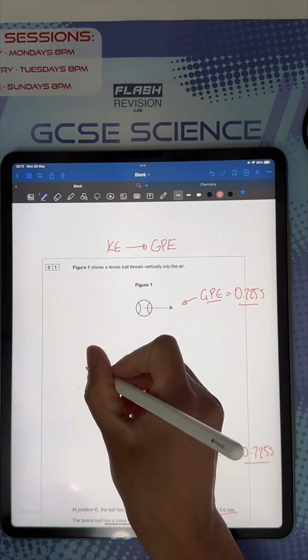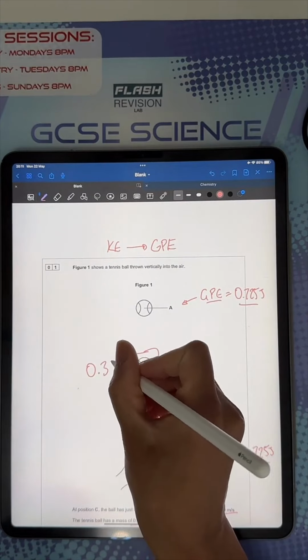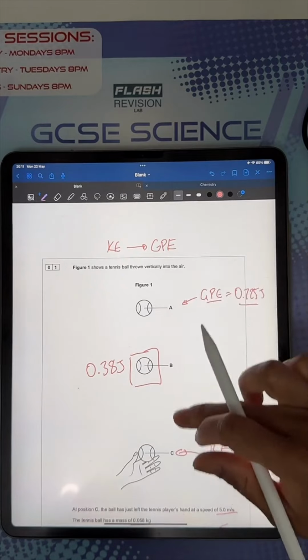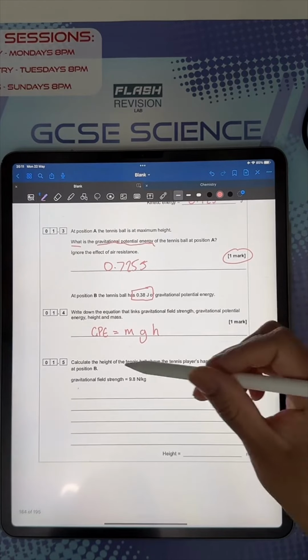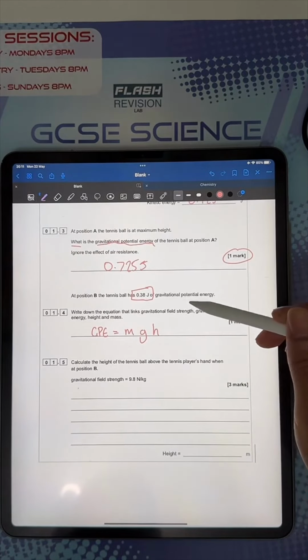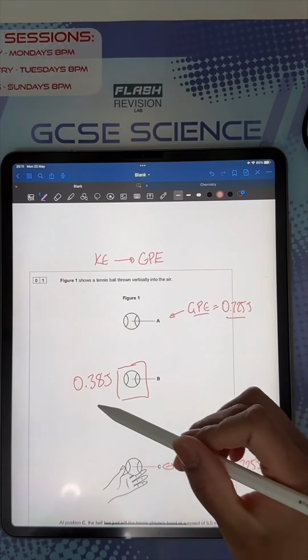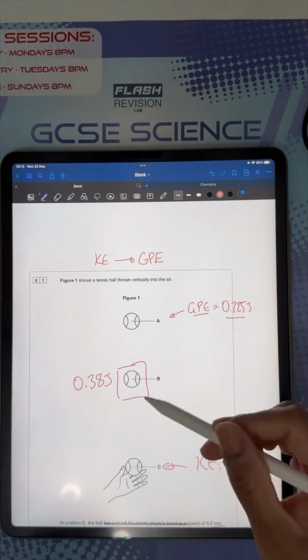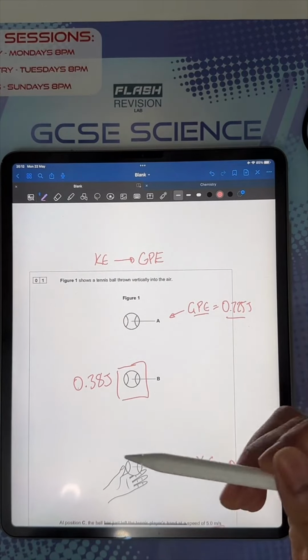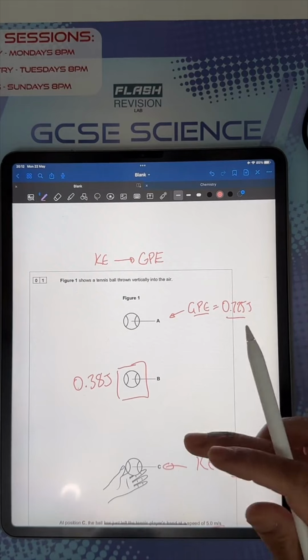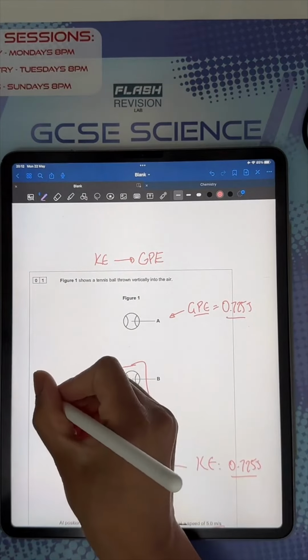So they've just told us this position is 0.38. So think about what's happening here. The ball is moving up. So some of the kinetic energy is turned into GPE, but not all of it. So it's still moving. It still has some kinetic energy, has some GPE. All right. So this is how much GPE it has.